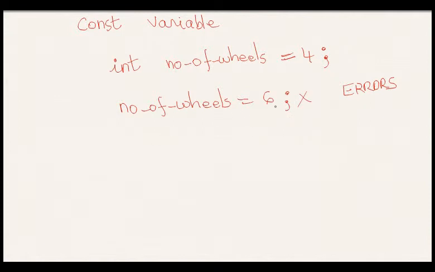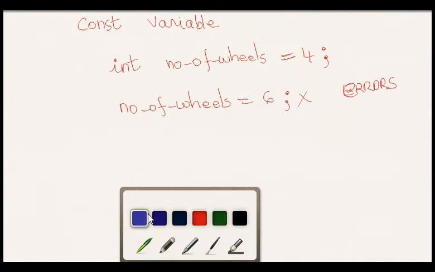You don't want to change it, but somebody introduced some errors that change the value of this variable. So in order to restrain programmers from changing the value from the initial value to some other value, you use a keyword called const.